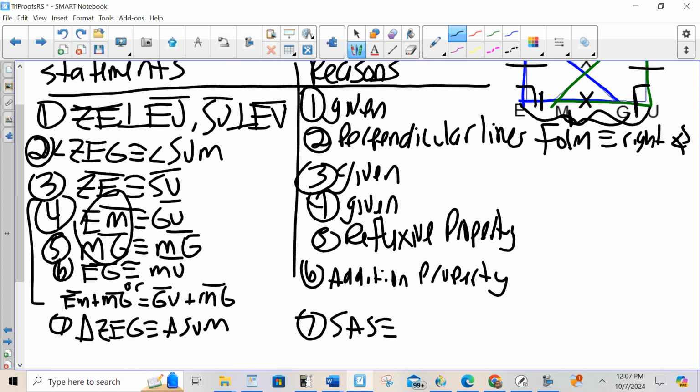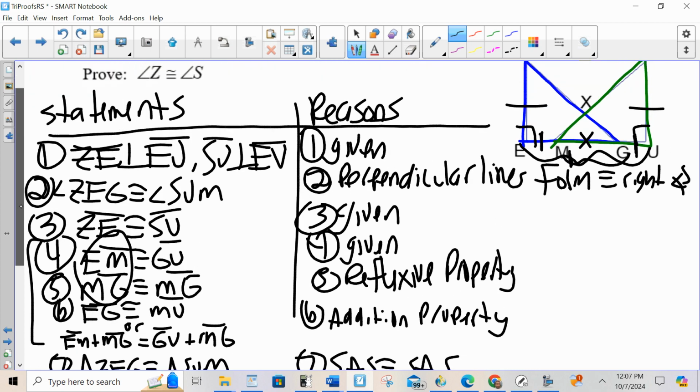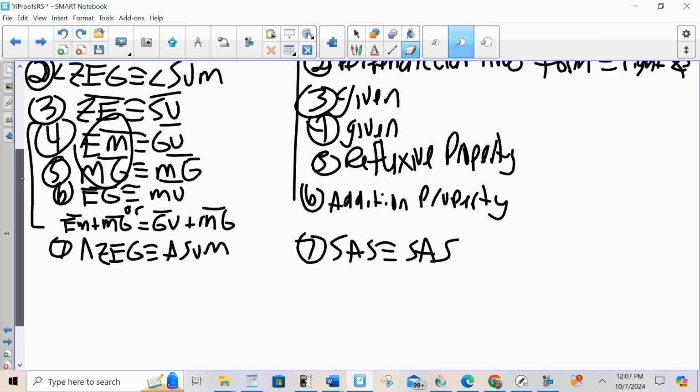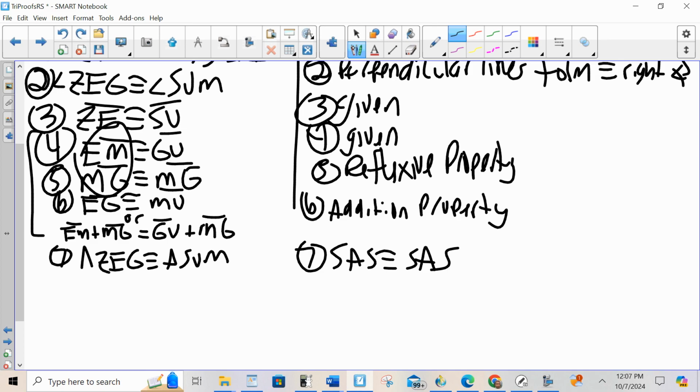And then I can ultimately state what they want me to prove, which is angle Z is congruent to angle S. Oops. Angle Z is congruent to angle S, and that's CP.